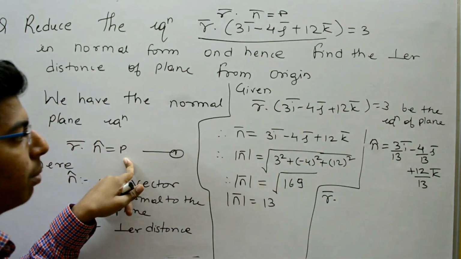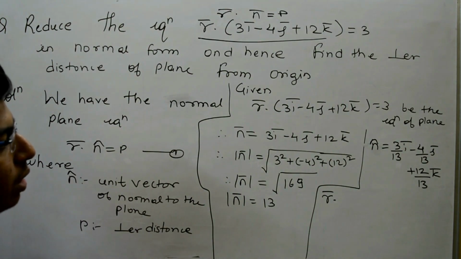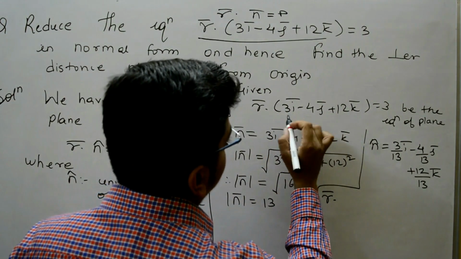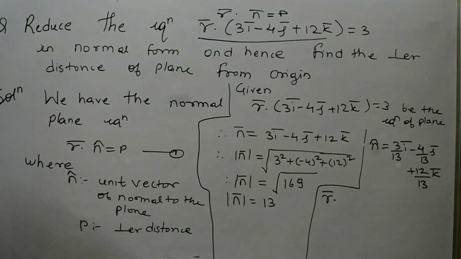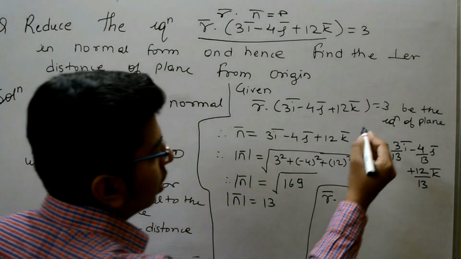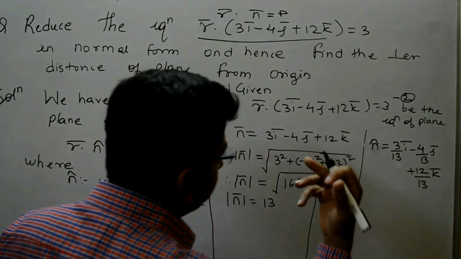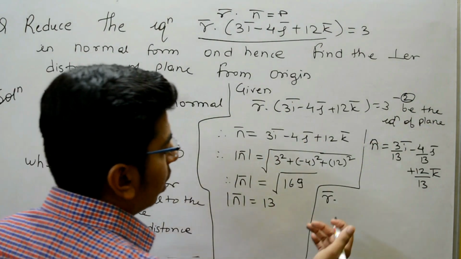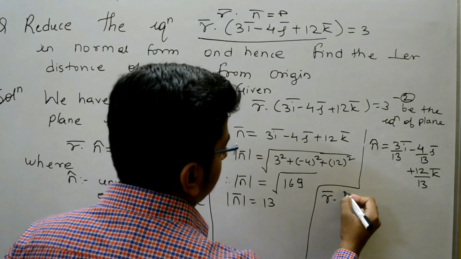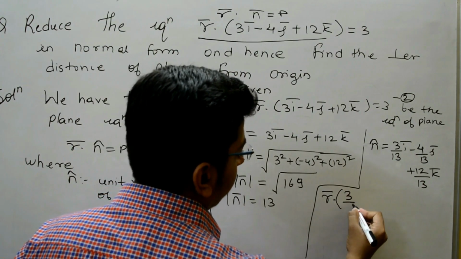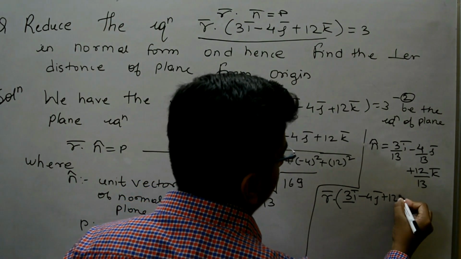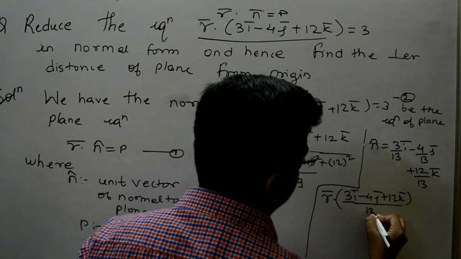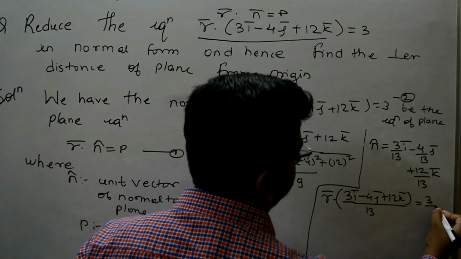Another method is to divide the equation number 2 by 13. Therefore, you will get r bar into 3i bar minus 4j bar plus 12k bar divided by 13 is equal to 3 by 13.